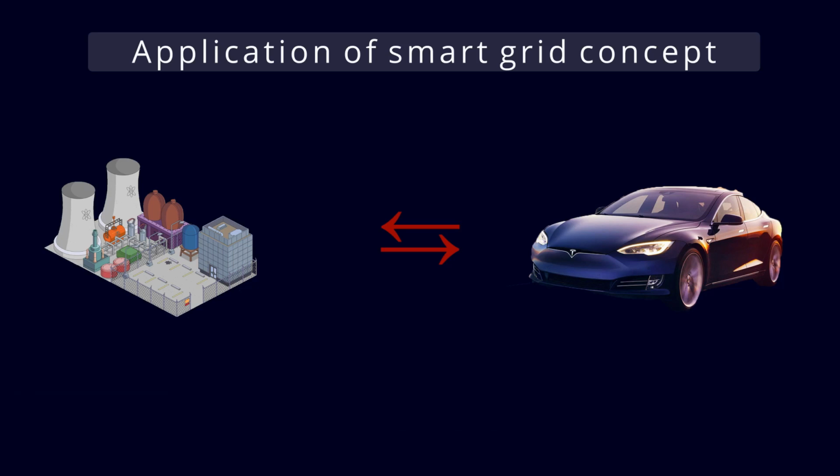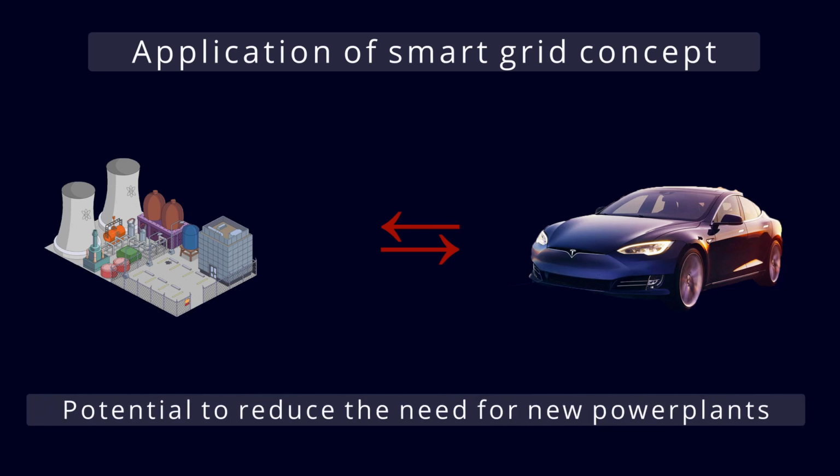This vehicle-to-grid connection has the potential to reduce the need for new power plants, as long as vehicle owners do not mind reducing the life of their batteries by being drained by the power company during peak demand.